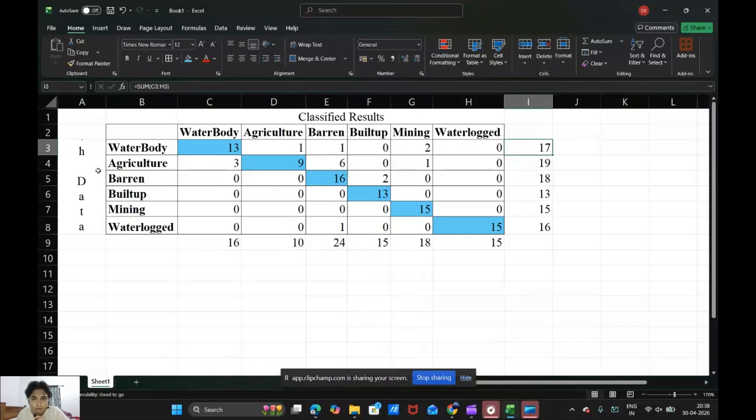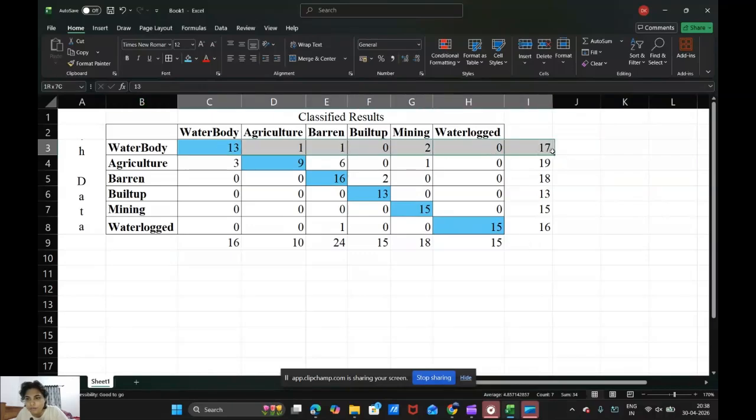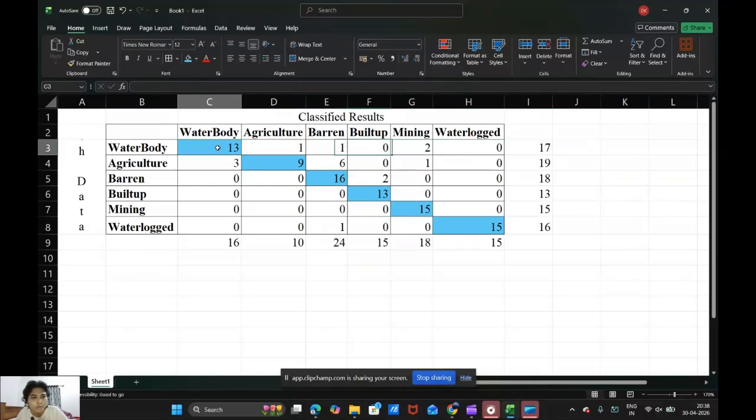The row sum and the column sum. Have you understood this? This is all added together. These are the total number of samples, out of which only 13 were correctly classified. These were misclassified, and this belonged to a different class altogether, showed up as water body.